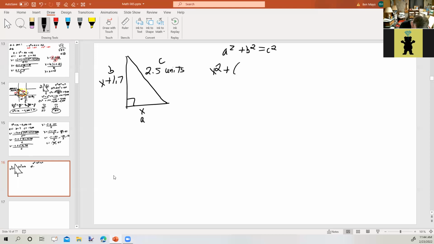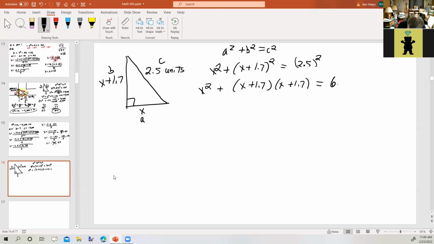X squared plus (X plus 1.7) squared equals 2.5 squared. X squared plus (X plus 1.7) times (X plus 1.7) equals 6.25. 2.5 times 2.5 is 6.25.